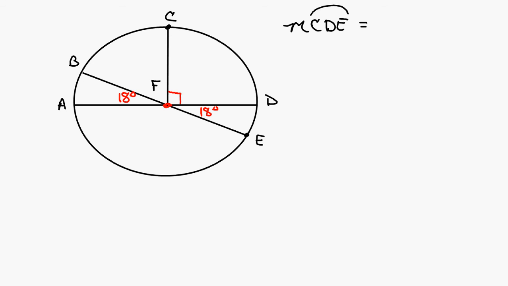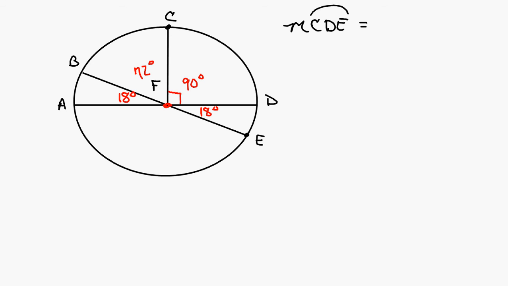You know what's easier to do sometimes is just fill in all the angle measures first. All right? You know that this one's 90. It's got the symbol there. These two are vertical angles, so they're both 18. What's angle BFC going to be equal to? 72. It's 72, right? The 90 minus 18. So this is 72 degrees.